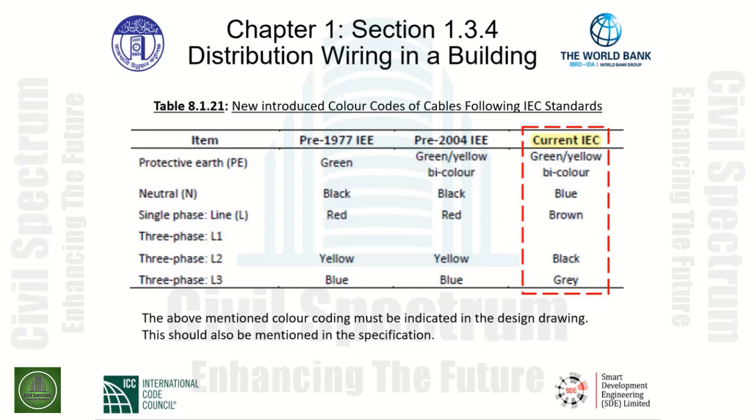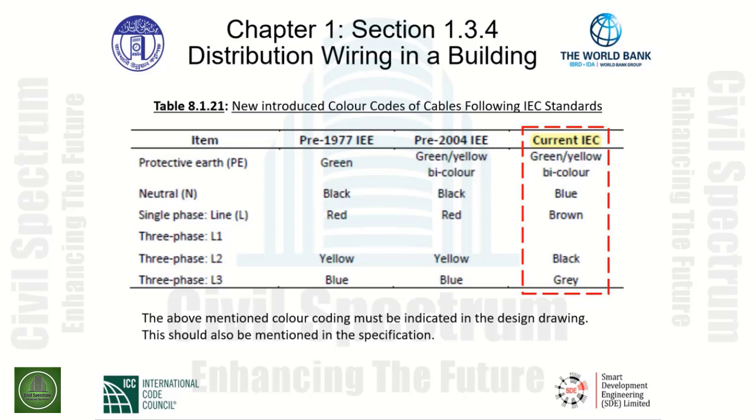Three-phase L2 is yellow, and three-phase L3 is blue. And as can be seen here, the only difference between pre-1977 and pre-2004 was the introduction of the green-yellow bicolor for the protective earth conductor.